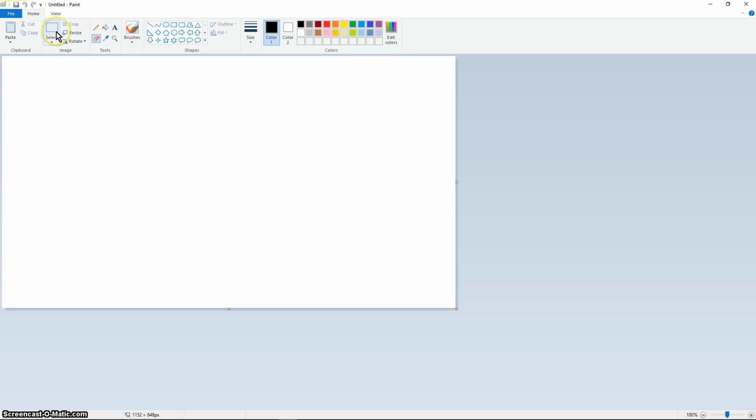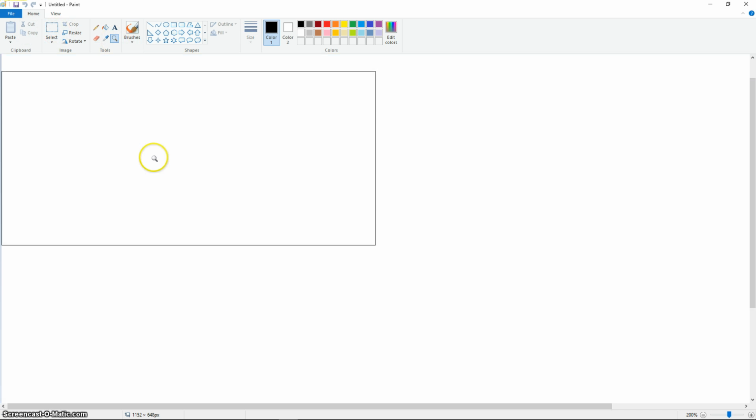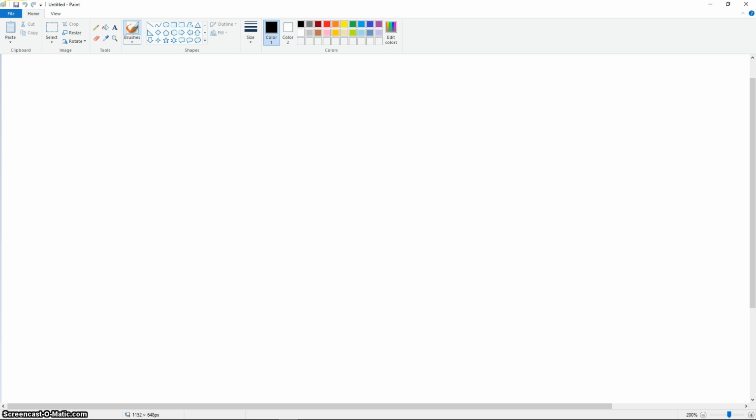The first one is called a difference of squares.